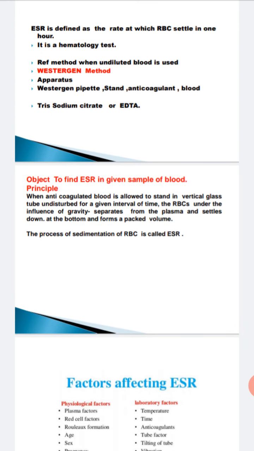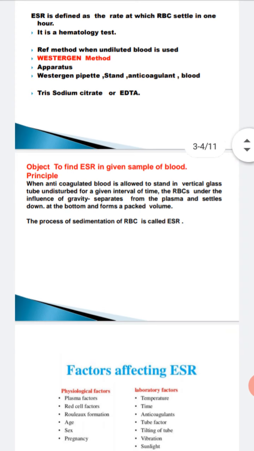Why do they settle down? Due to the influence of gravity, which separates them. When the RBCs have settled in 1 hour, we can see the clear plasma above. This is the principle of ESR. The process of sedimentation of RBCs is called the erythrocyte sedimentation rate.